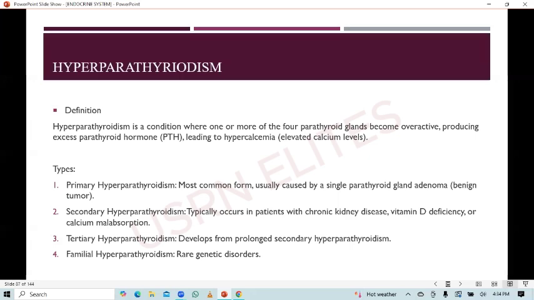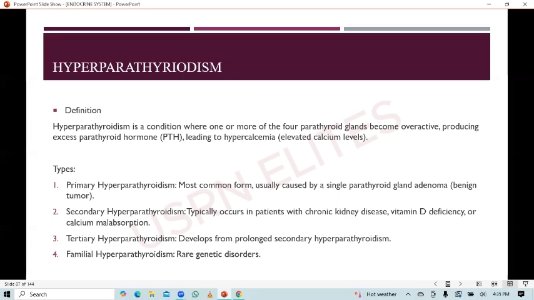So let's take note. The parathyroid glands are four in number. They are located behind where? The thyroid gland. The primary function of the parathyroid glands is to regulate calcium and phosphorus levels. That is the basic function.